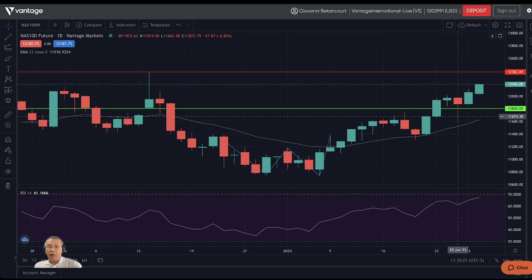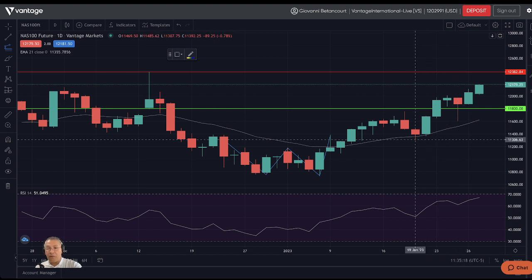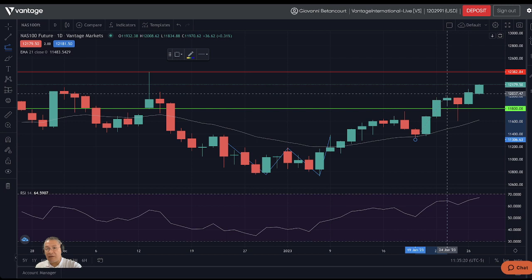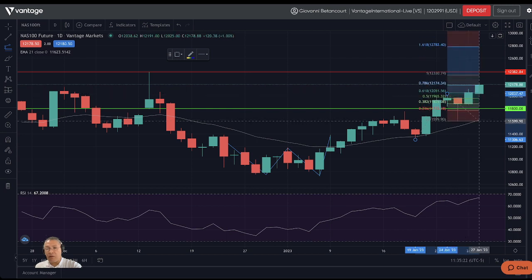So I want to measure how much the market can extend. That's what that tool is. In this scenario, I am going to take the previous low and calculate the last days. I'm going to take this low, this high, and the low of Wednesday, and extend the tool.